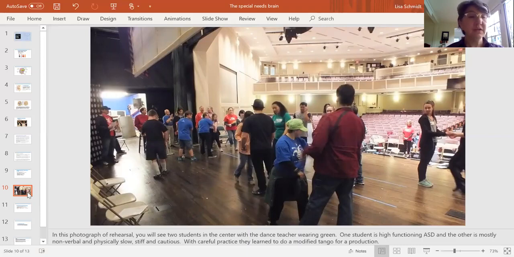So how did we get her able to actually do a tango? So she began just sitting on the sidelines watching a dance rehearsal early on, and then slowly we took away the chair and said, now you will stand and sway when the others are dancing.